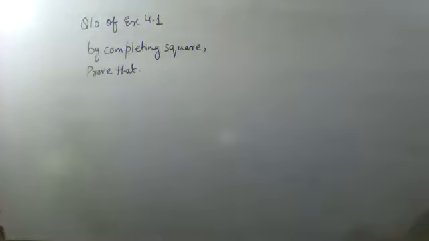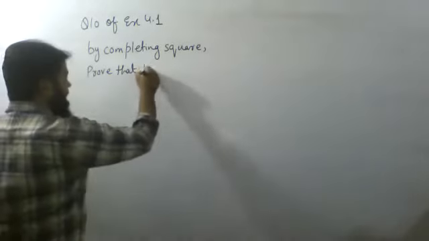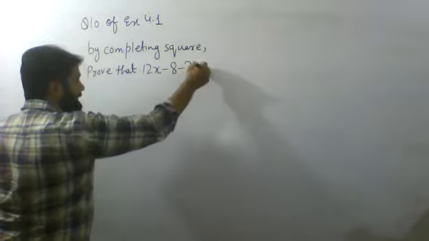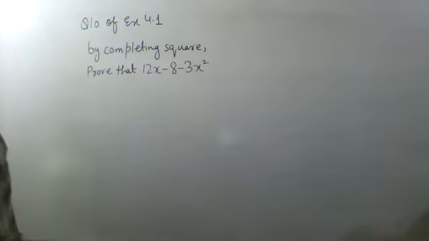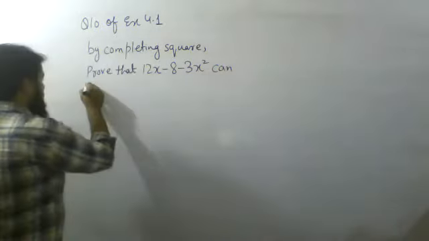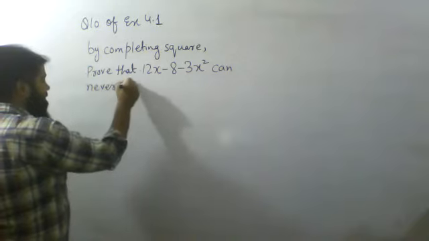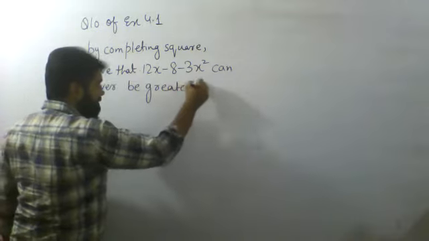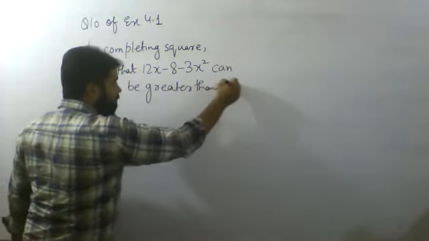They are saying 12x minus 8 minus 3x squared can never be greater than 4.